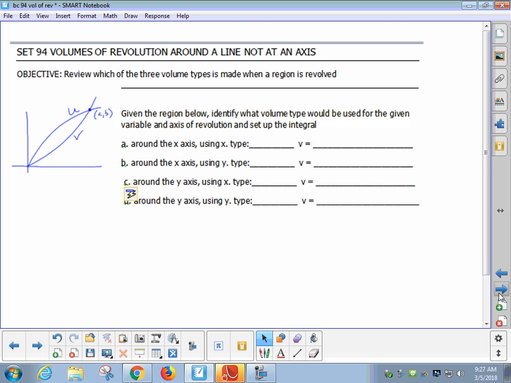The idea is like this. If you revolve a region around an axis, we've been doing that. But consider, for example, if you revolve this region around the x-axis, then you'd get this kind of shape. Do you agree?